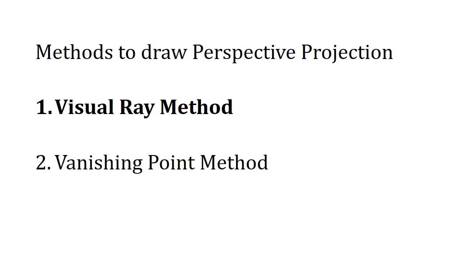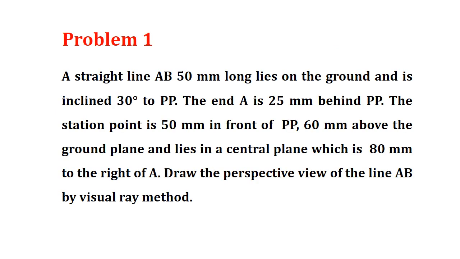Here we are going to discuss the visual ray method only, because you can solve any type of problem with the visual ray method. Let me explain the visual ray method by solving a simple problem.